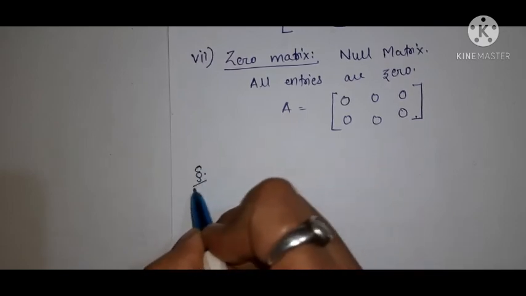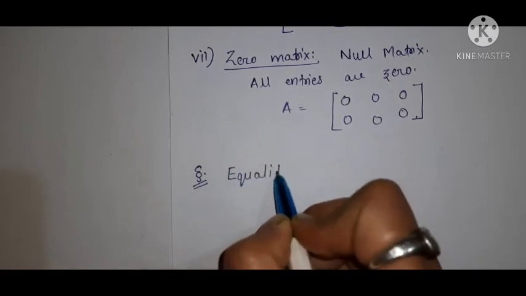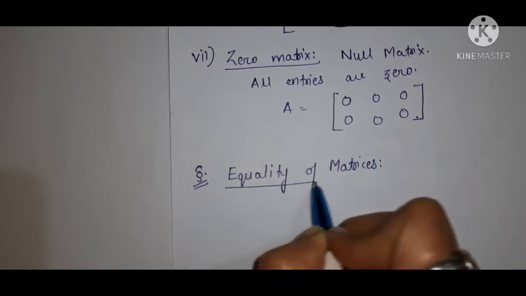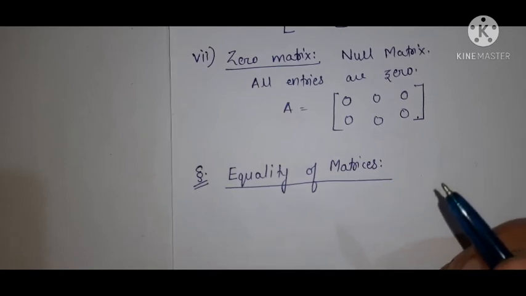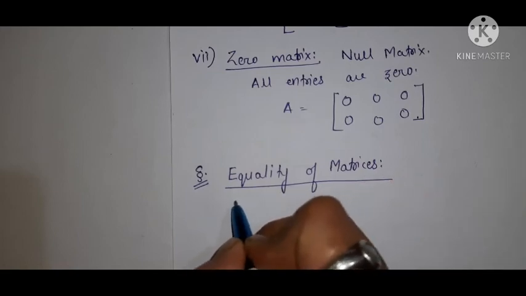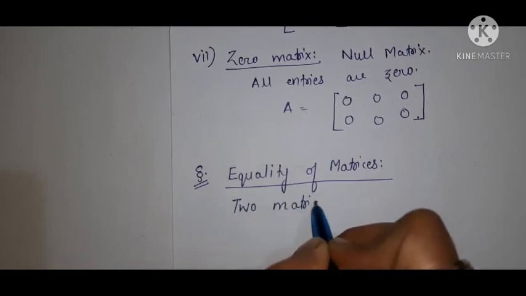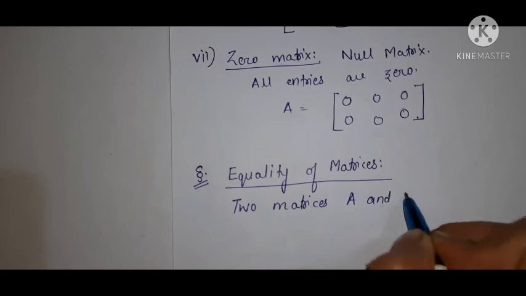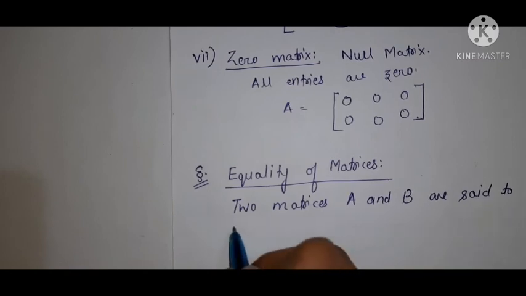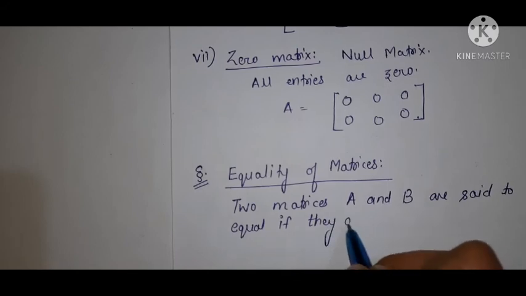Next we have equality of matrices. Means when do the matrices become equal, what is the condition for two matrices to be equal? So two matrices A and B are said to be equal if they are of same order.